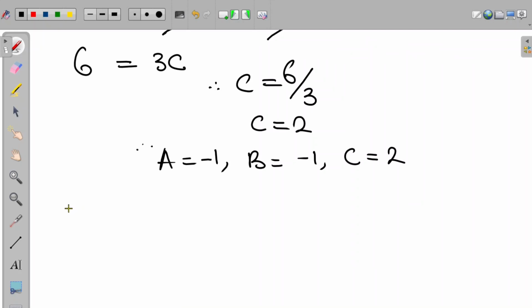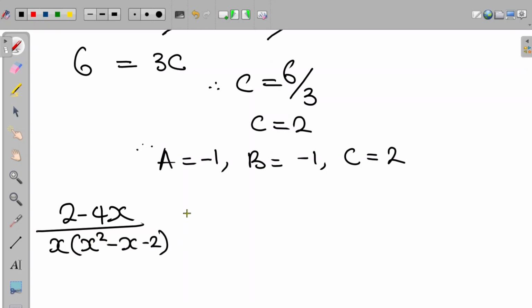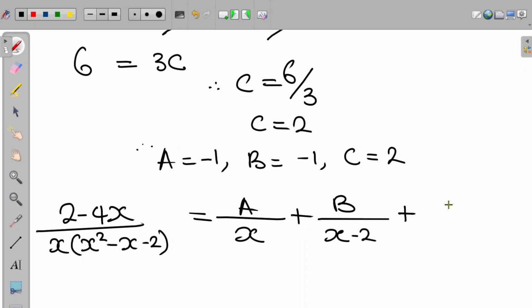But from our compound fraction, we have that (2 minus 4x) divided by x times (x squared minus x minus 2) was resolved into A divided by x plus B divided by x minus 2 plus C divided by x plus 1.